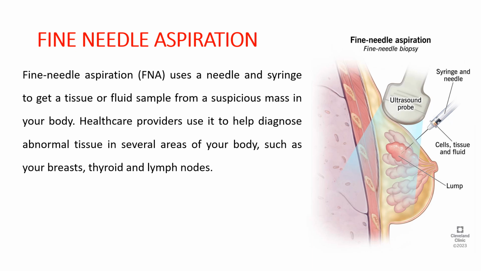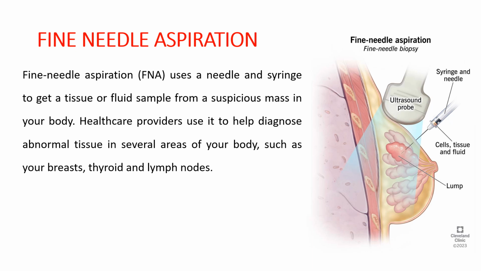If you feel any lump in your body, they will take a tissue sample using the needle and syringe from that suspicious mass. So to collect the tissue, we are using this fine needle aspiration technique.